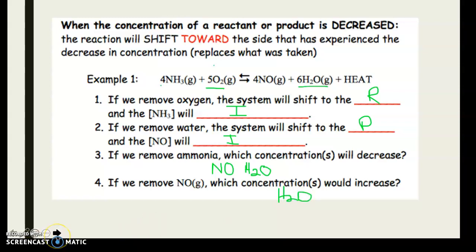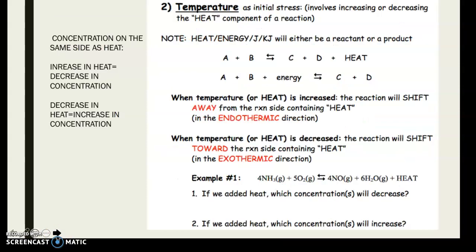All right. So, temperature. Remember, if we see temperature or heat or energy or kilojoules on our product side, this is an exothermic reaction. When we see it on our reactant side, it is an endothermic reaction. Same thing with concentration, we're going to do with temperature.